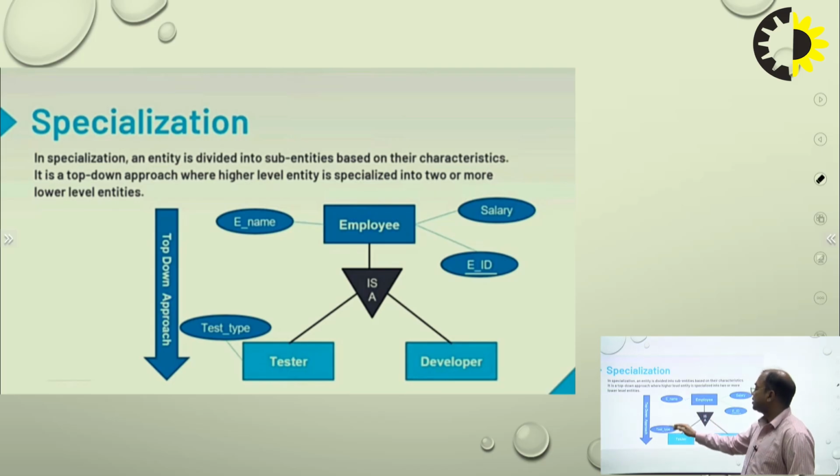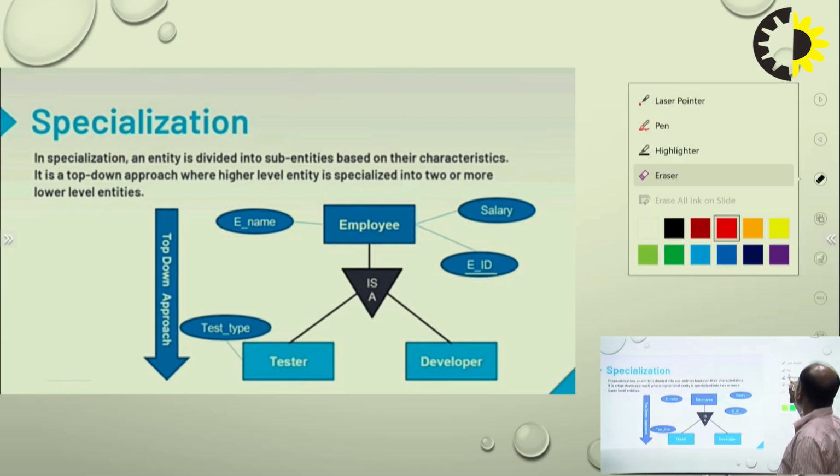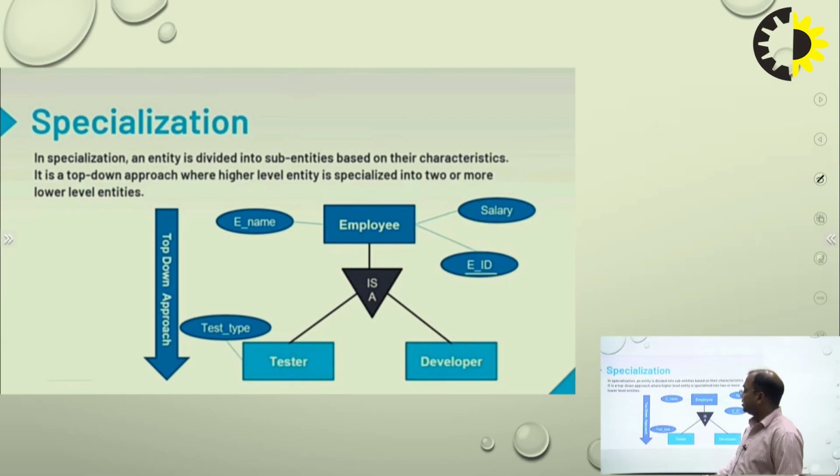Except this, we can have different attributes also, like test type, which is another attribute for the tester, and this one is for the developer types. So we can add more attributes inside the subclass. So it is a top down approach, and an "is a" relationship between these entities of the ER model. This is a special feature which we added to make it extended.